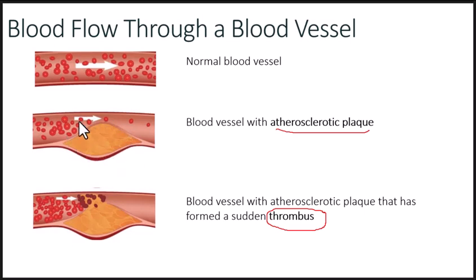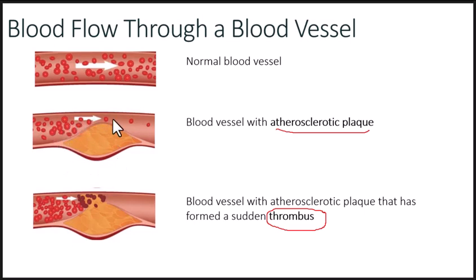Now, with this plaque being here, I'm sure you can appreciate that this part of the wall where that tunica media is present is not going to be able to function as well because of this hardened surface. So we've reduced how well blood can move through because of the obstruction, but also because the walls can't contract as well to move blood in a forward direction.